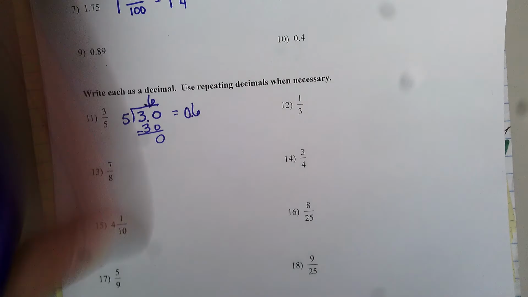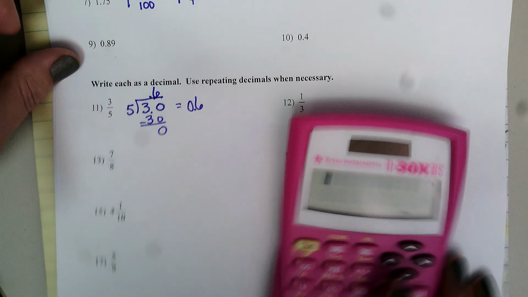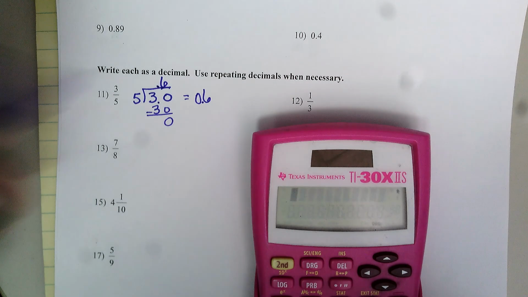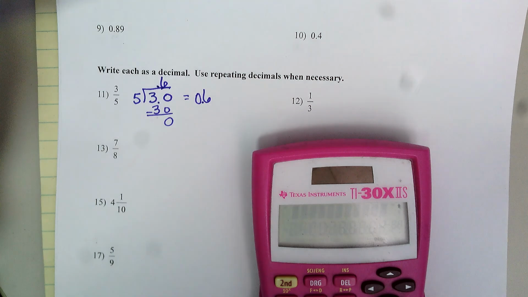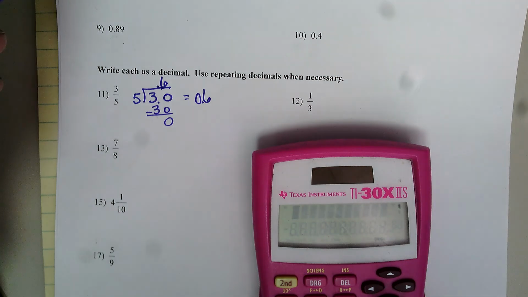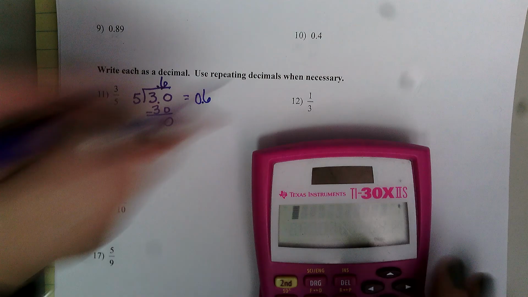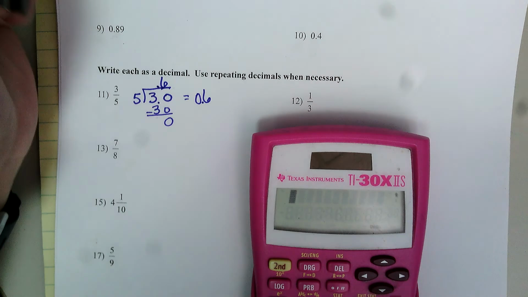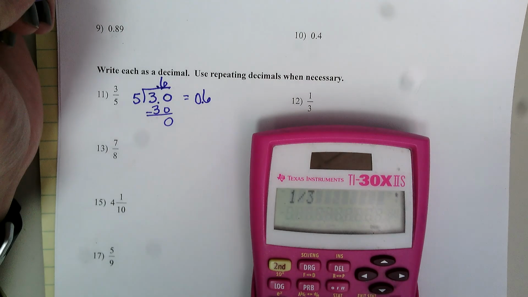Okay, so I am going to allow you to use a calculator for this, and I'm going to show you how to use the calculator since we're at home. If you have 1/3, then all you have to do in the calculator is put the top number in first, 1, divided by 3.